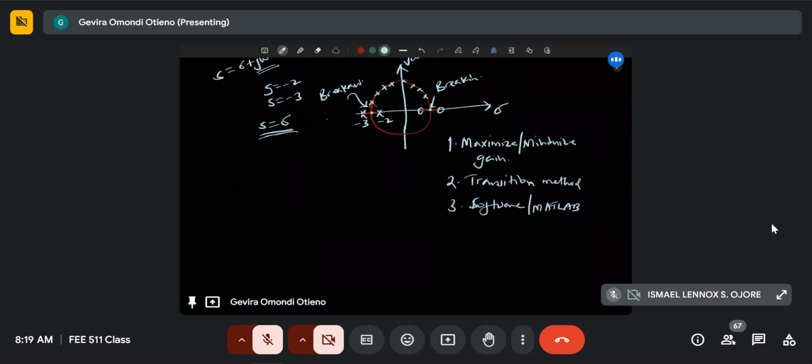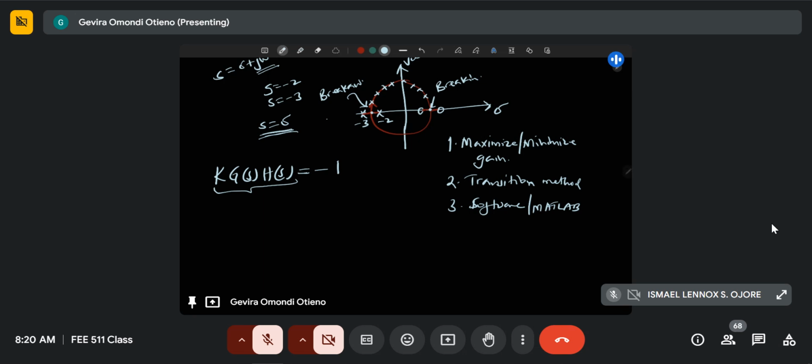Now, let me quickly mention what the first method is. Typically, from our rule, remember the angle and magnitude condition emanates from our rule for the root locus, open loop gain equals -1. Very important rule, okay? This part is the open loop system that you're provided with.